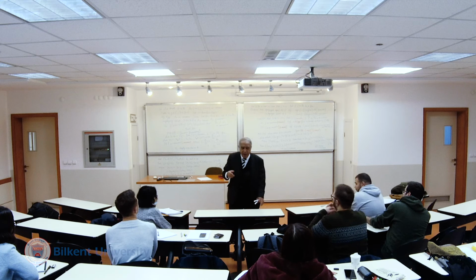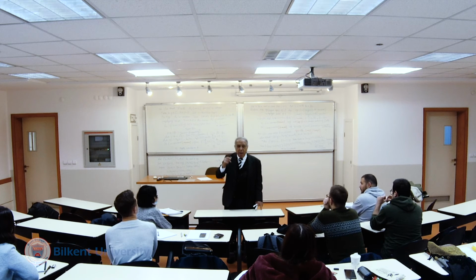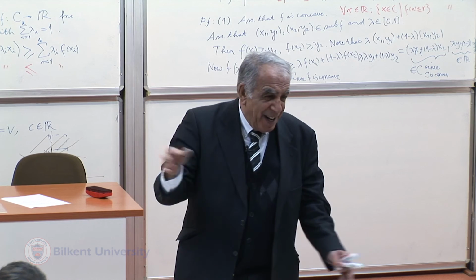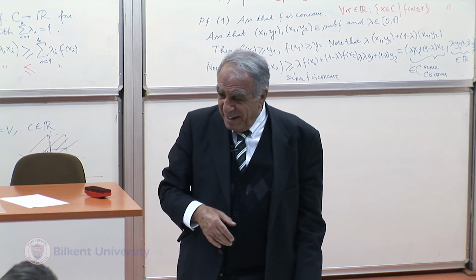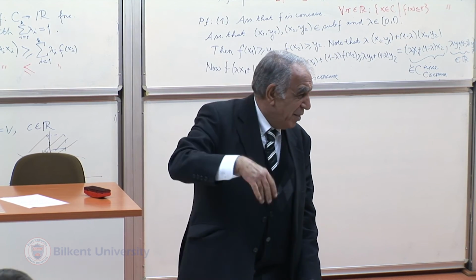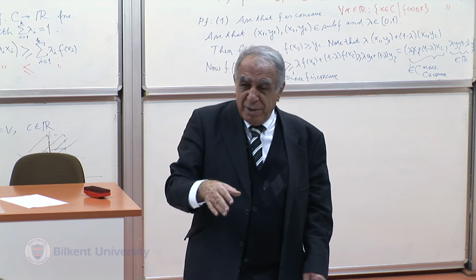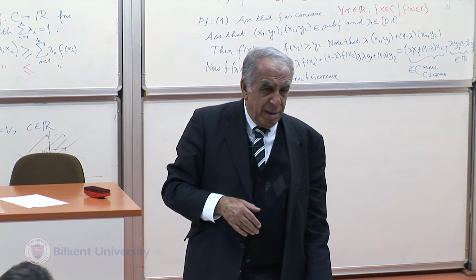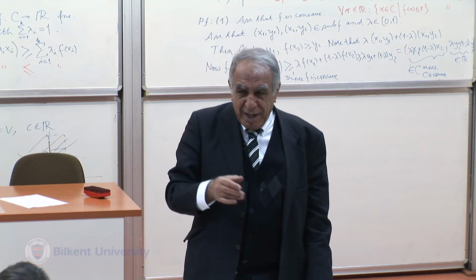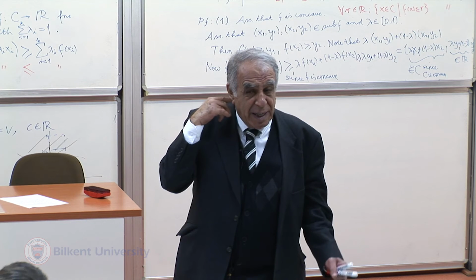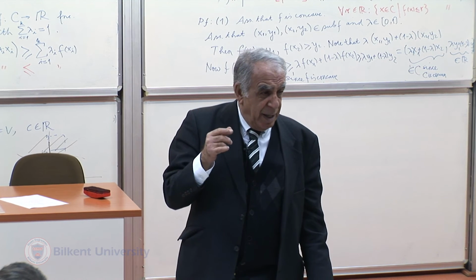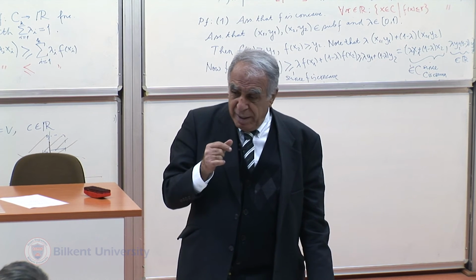If you just have f of x equals 1 everywhere, well, that's concave and convex. Its subgraph and epigraph are half spaces in R2. They're both convex. But what if it's strictly concave and it has a maximum?